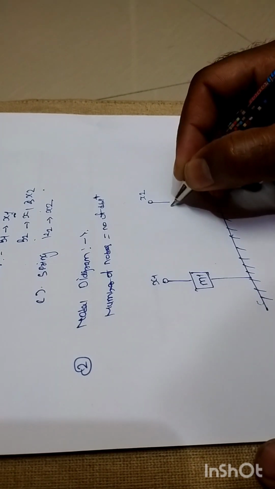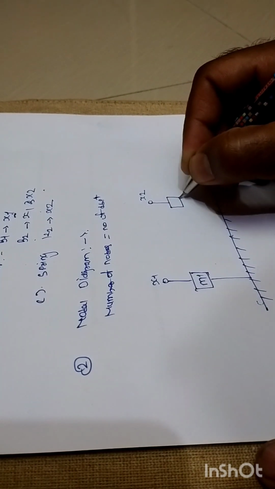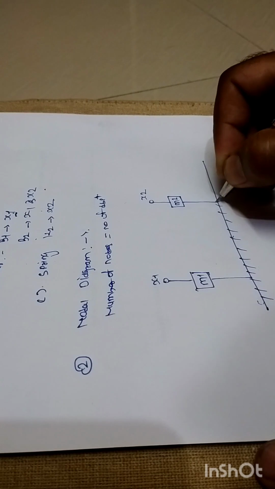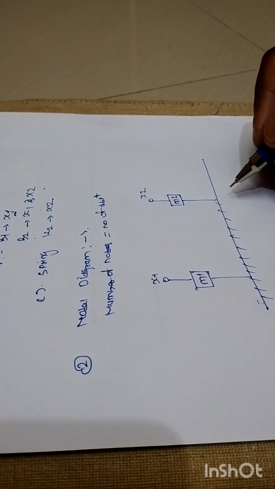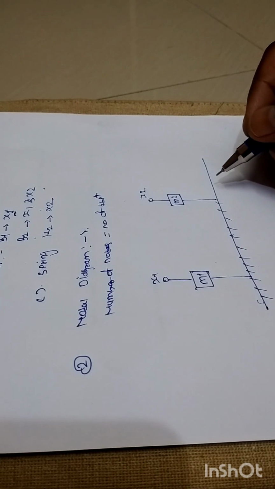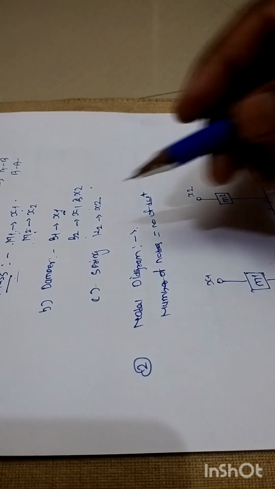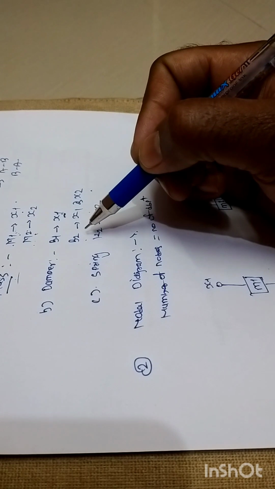Similarly we need to include mass number 2. This is m2, connected between displacement number 2 and the ground surface, right? Now as far as the dampers are concerned, damper number 1 and damper number 2.